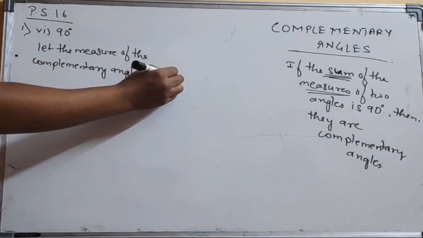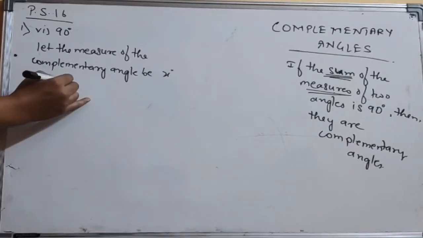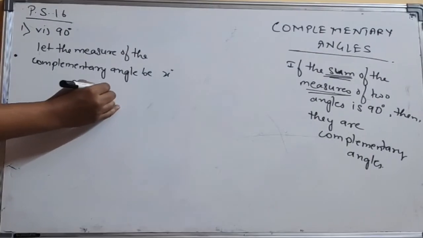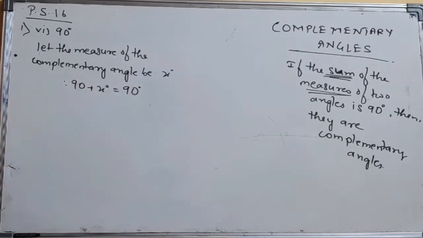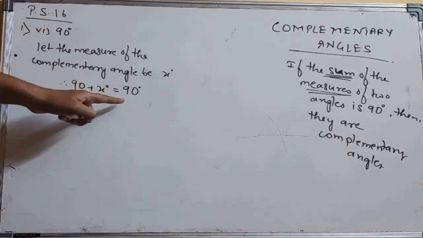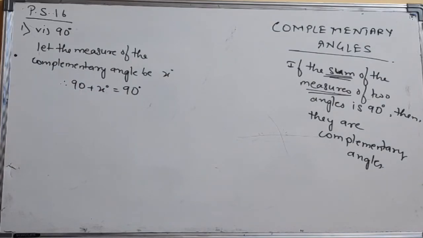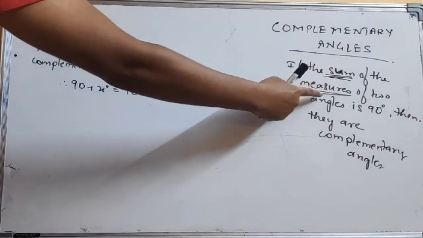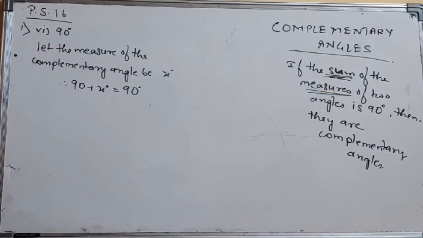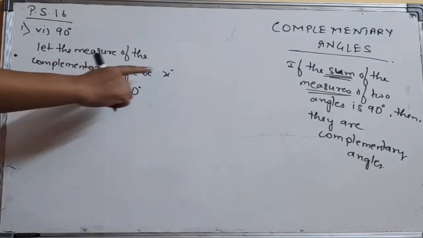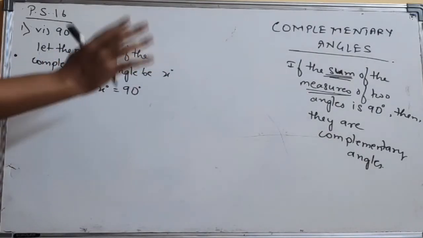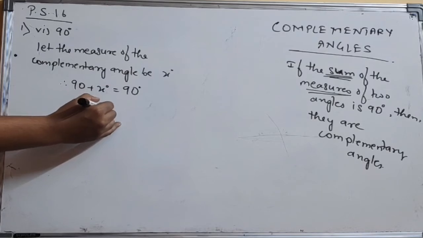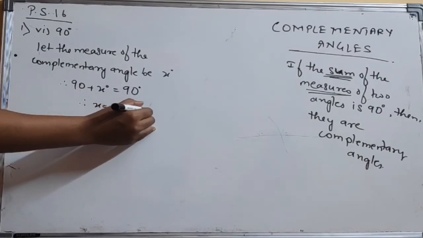be x degrees. Okay, therefore you can say 90 plus x degrees is equal to 90. Why? Remember students, if you see a 90 over here, don't get confused, sir, this is 90, how can we write 90? The concept is if they are complementary, then the sum of their measures is 90. Understand? Okay. Let the measure of the complementary angle be x. Therefore, 90 plus x is equal to 90. Therefore, x is equal to 90 minus 90.